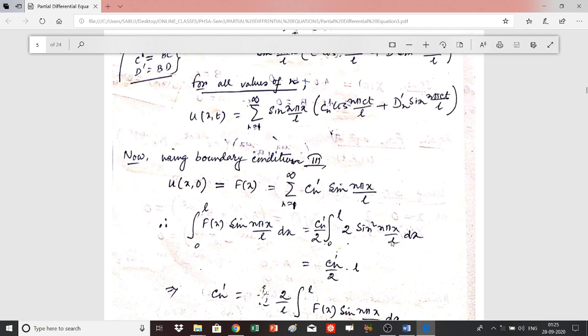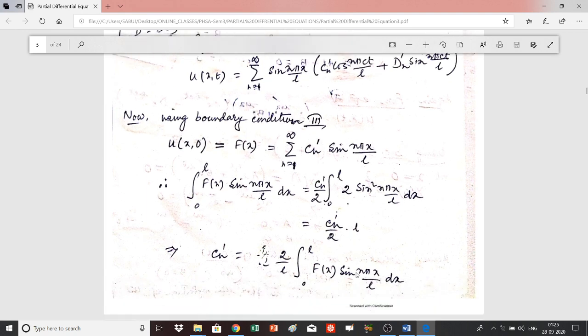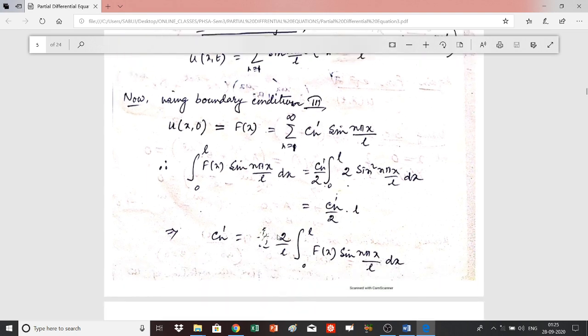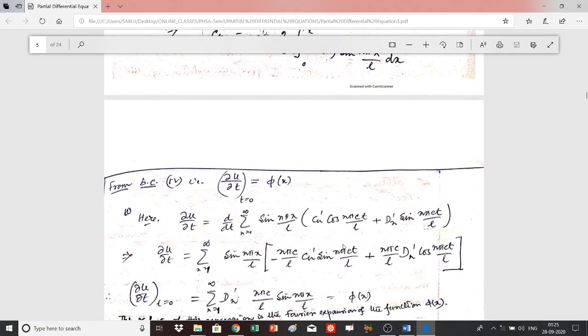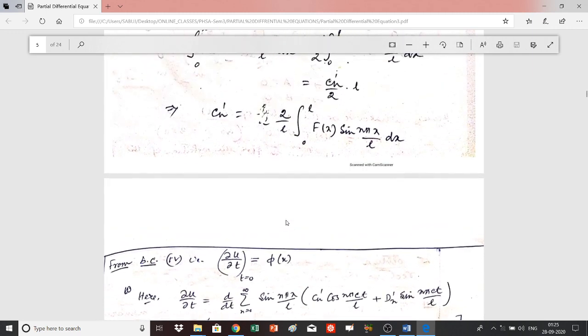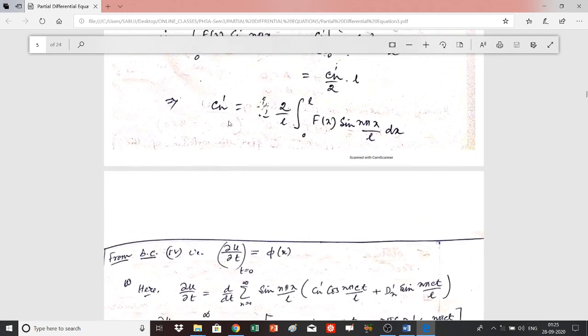You know that 2 sin squared theta is 1 minus cos 2 theta, and if you integrate the cos term, that will give you a sin term, and the sin term will give you a null result from 0 to L. So only the integration of dx from 0 to L remains, that will give you c_n prime by 2 times L. So from here c_n prime is equal to 2 by L times the integral from 0 to L of f(x) sin(n pi x by L) dx. So we have calculated the value of c prime.